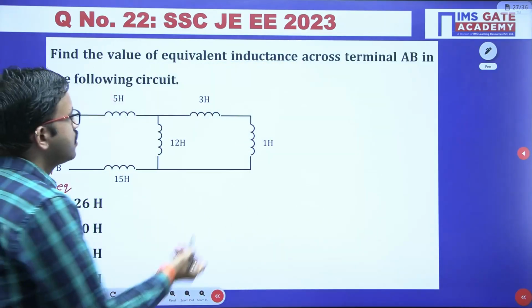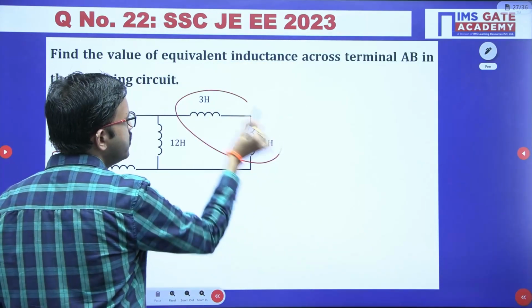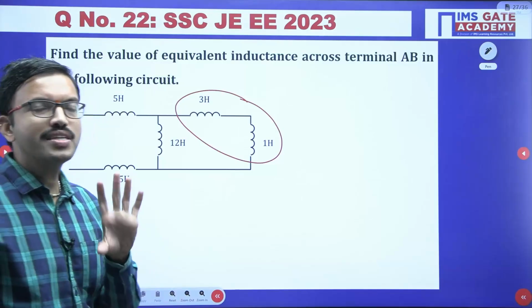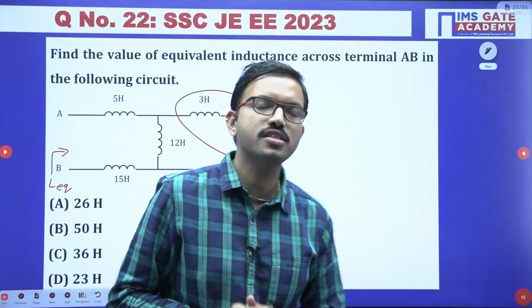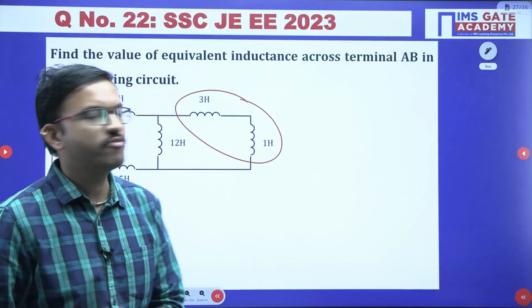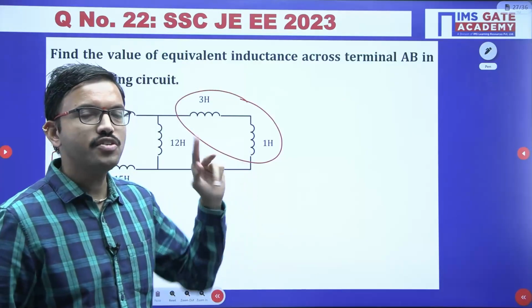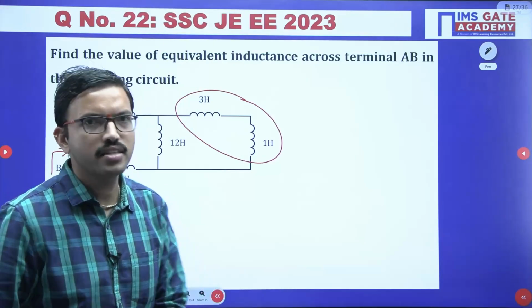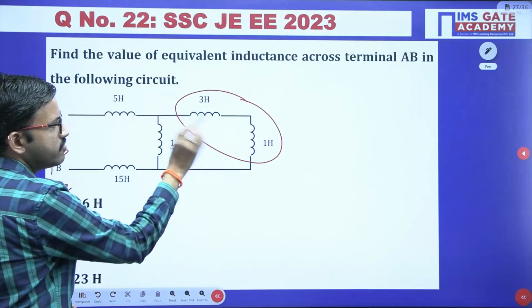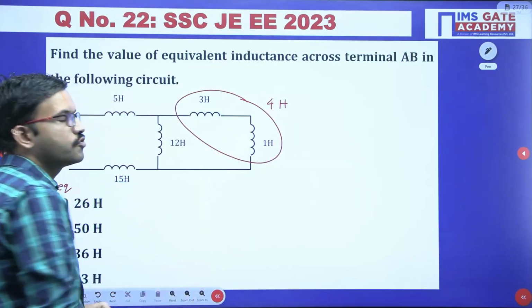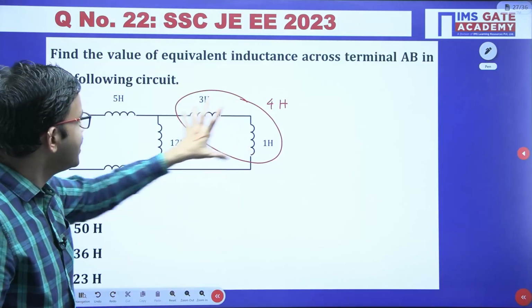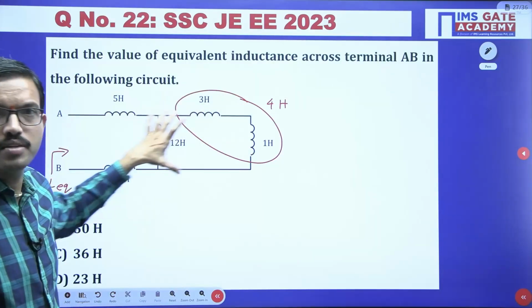See how these two inductors are connected: series. Regarding resistors and inductors, whatever formulas you have for resistors, similar formulas are applicable to inductors. There you consider R, here you consider L, that's all. Here 3 Henry and 1 Henry are connected in series. In series we can add: 3 plus 1 is 4 Henry. Now this 4 Henry inductor and the 12 Henry inductor are connected in parallel.